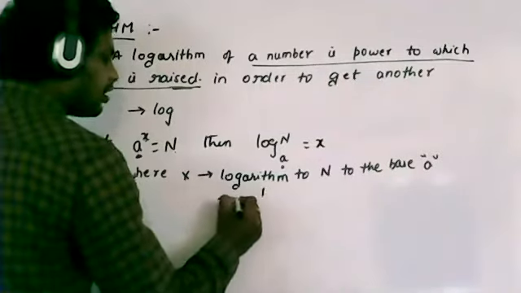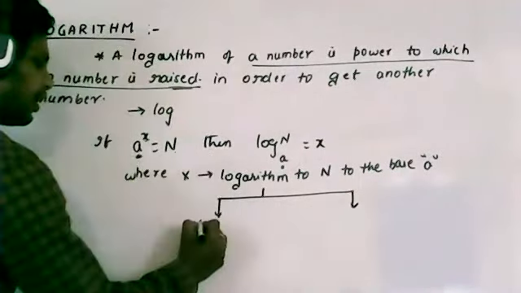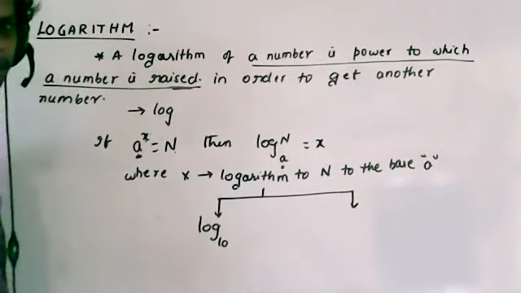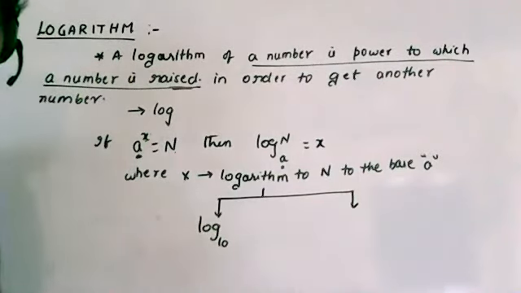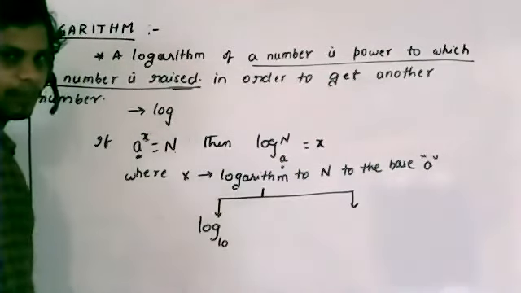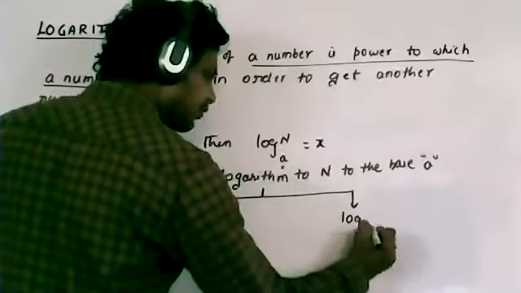Now this logarithm is of two types. One is log base 10 and the other is log base e.